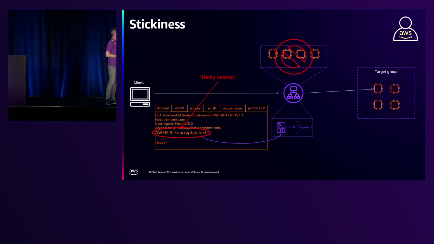If the request is for an existing session, meaning it includes an AWS ELB cookie, the ELB will look inside this cookie, see the target that was initially selected, and then instead of applying the target selection following the routing algorithm, it's going to use the target included in the cookie.